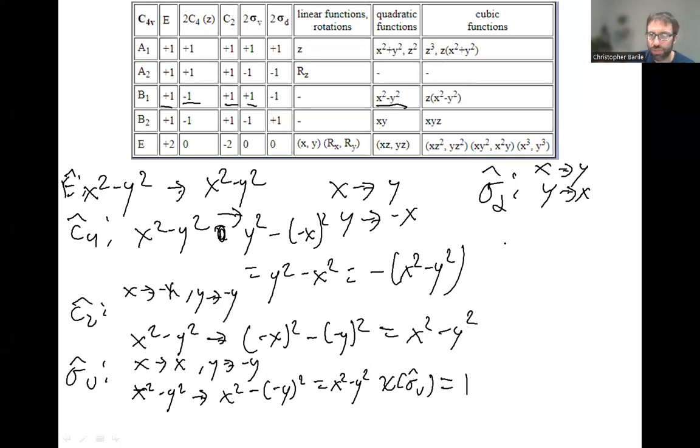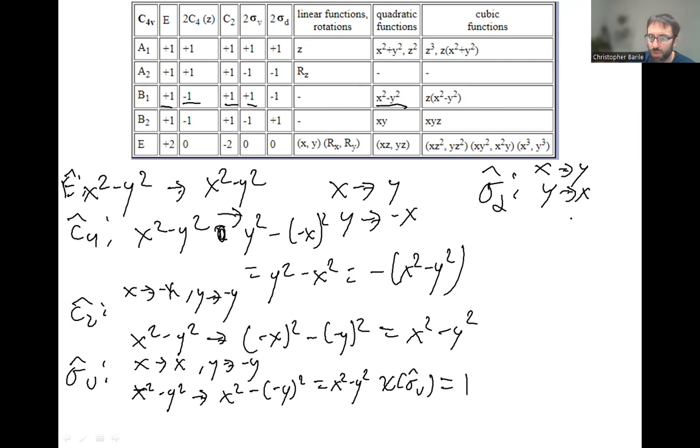You always get the same answer if you choose a different axis system, as long as your Z is coincident with the primary rotation axis, and you do all the math right. It's amazing. This is why the character table works. It just preserves mathematically the key elements of the symmetry. And so it's pretty neat how it all works out.